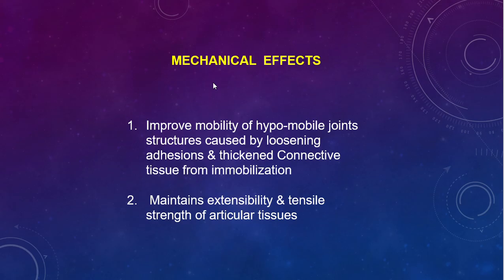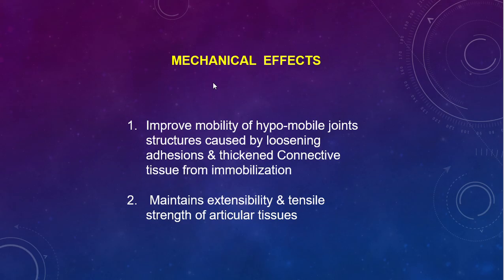Whenever there is hypomobility, reduced movement in the joint, we can go there, do our direct technique, indirect technique, do our oscillation, and movement will increase. So generally, mobilization and manipulation are used to deal with hypomobility. We do not apply mobilization or manipulation when there is hypermobility.